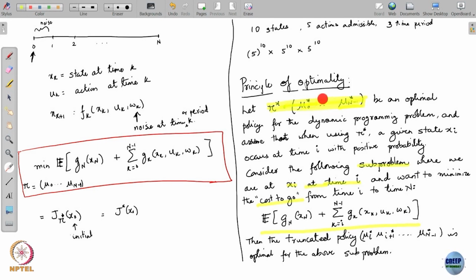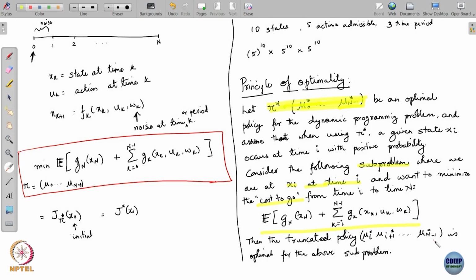You look at the policy starting from time I till n minus 1, that is your truncated policy mu I star to mu n minus 1 star. Then that truncated policy is actually optimal for this sub problem.